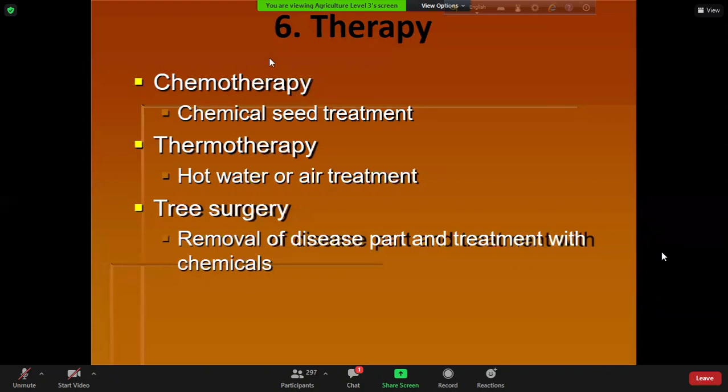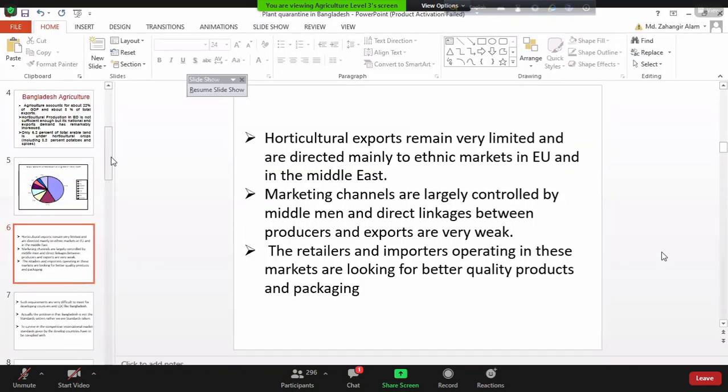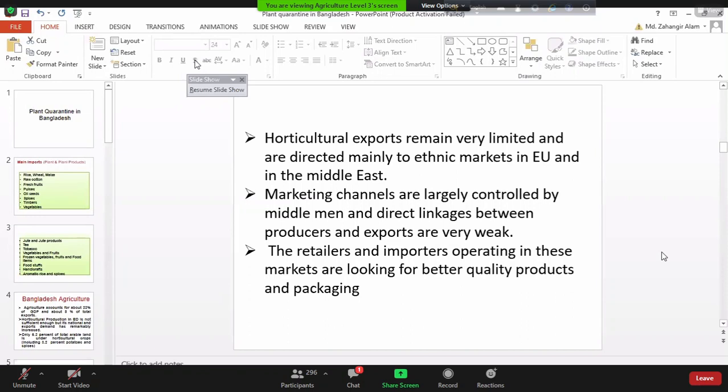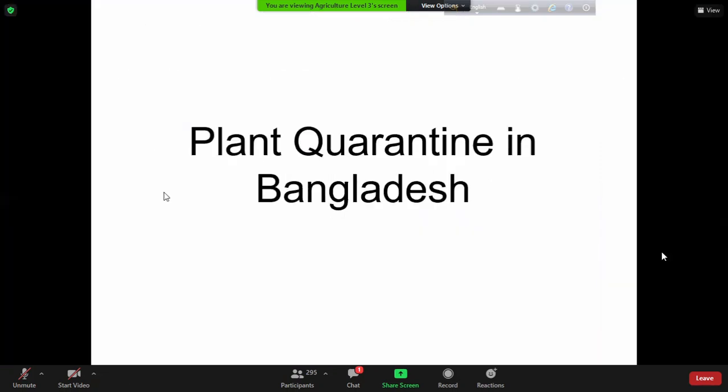Then I have to talk about another slide, that is quarantine. Very simple one. You already know what plant quarantine is.